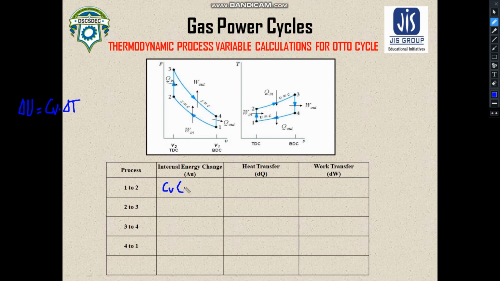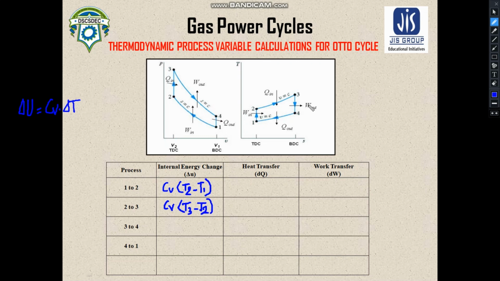What is the temperature change in this process from 1 to 2? You can write T2 minus T1. We will first do the internal energy change for all these 4 processes. Now for 2 to 3, it will be simple. The same old rule will be followed: T3 minus T2.